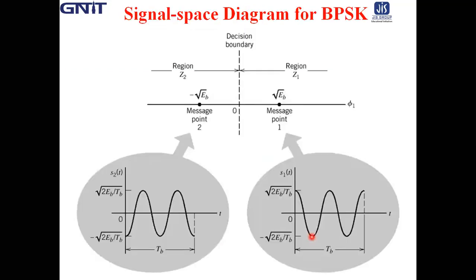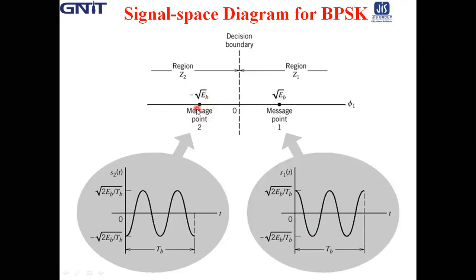Now I am showing you, suppose this is your 0. Message point 1, that is square root of EB, and message point 2, that is symbol 0, is located at minus root over EB.